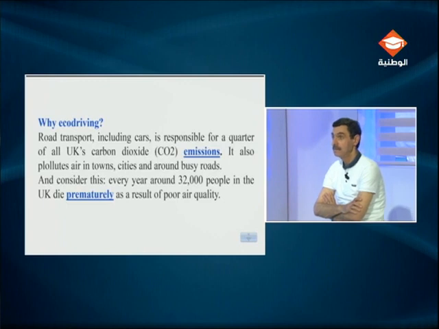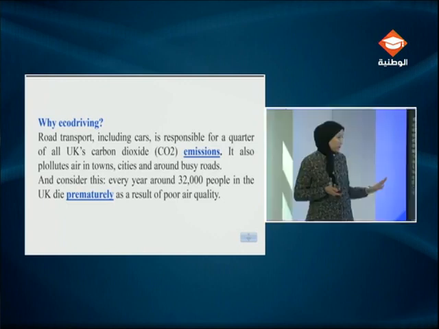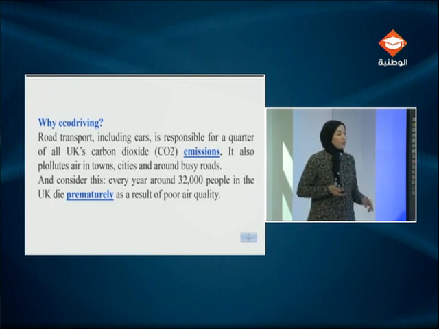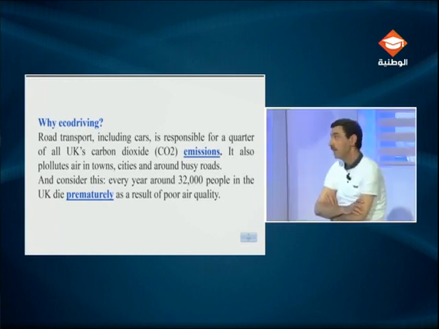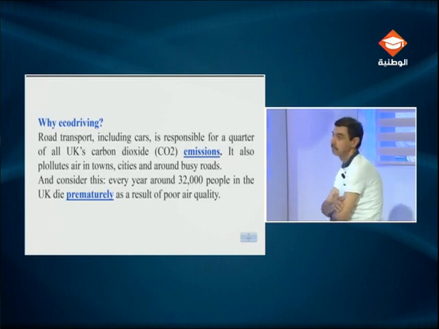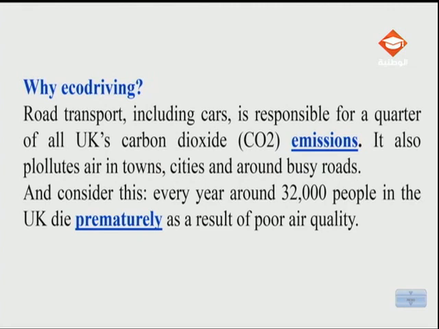Well, the underlined colored words, you have to try to guess their meaning from the context. I won't explain them now because you'll have a task on that. But that's shocking, really, as a result of poor air quality. So air pollution that is caused by road transport, by vehicles, is responsible for health problems.